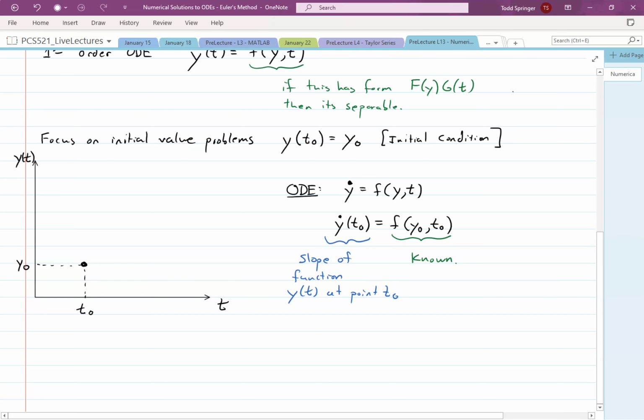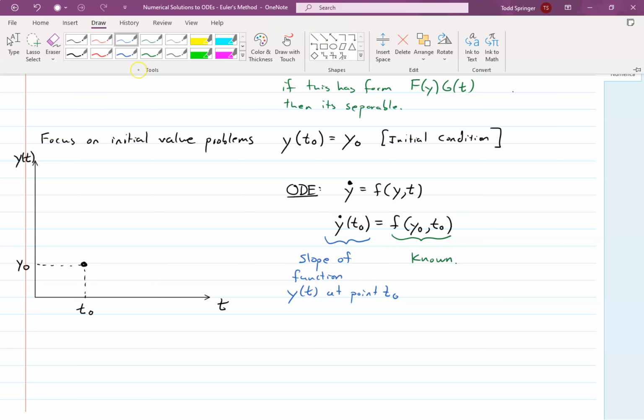And to figure out what that slope is, I just take my function f, which I know, and plug in that initial point. So the idea is basically, I don't know what the function is, but I know there's an initial point, and I also know the slope at that initial point.